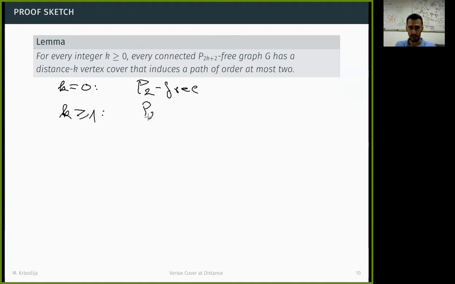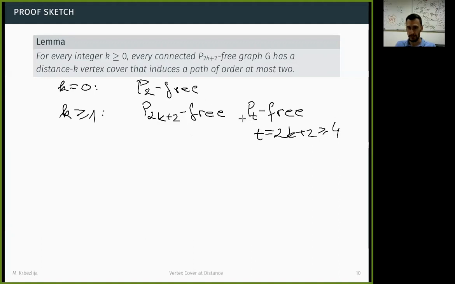Then G is P_{2k+2} free. That is, G is P_t free for t equals 2k plus 2, which is bigger than or equal to 4 since k is bigger than or equal to 1. So as said before, G is connected and P_{2k+2} free.